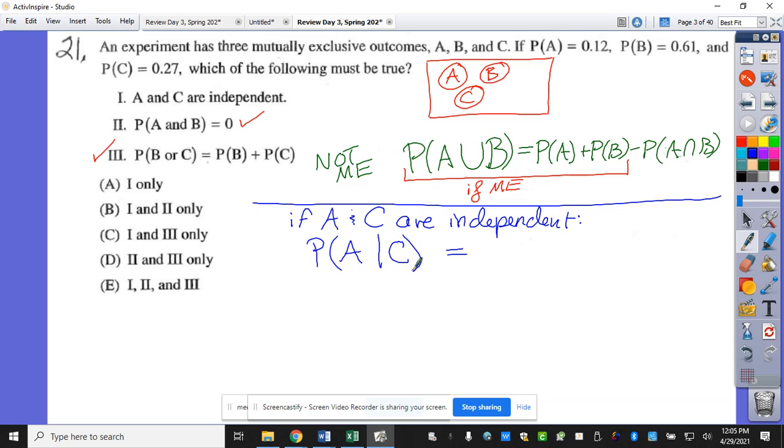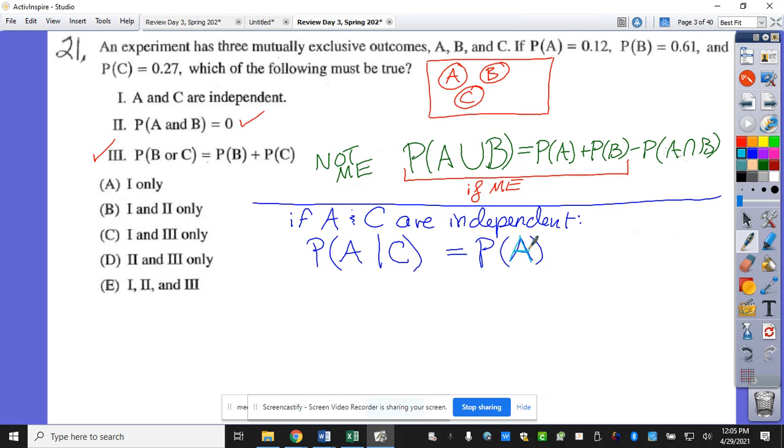This would be equal to what if they are independent? That's just the equation part. If I am independent, I don't care what you do, I'm going to be the same.